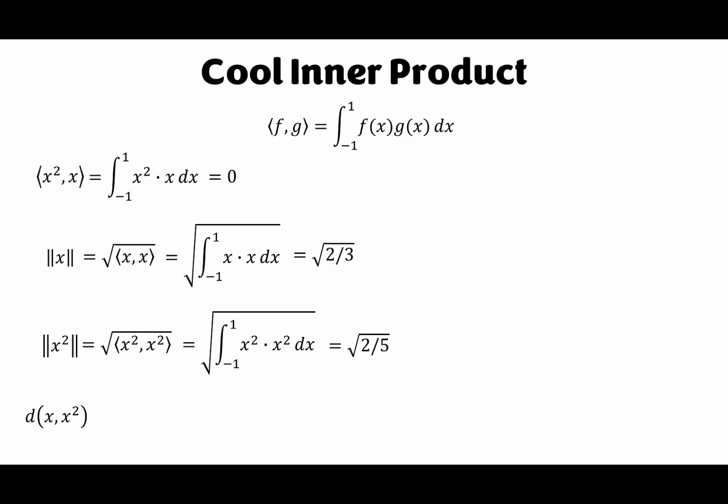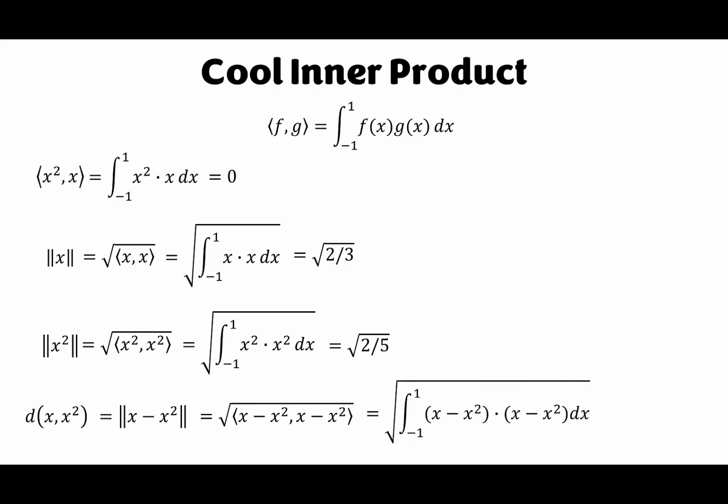Now the distance between x and x squared, right? That's the norm of x minus x squared. But the norm is the square root of the inner product of x minus x squared with itself. So you can compute that integral and figure out that that integral with the square root is the square root of 16 divided by 15.